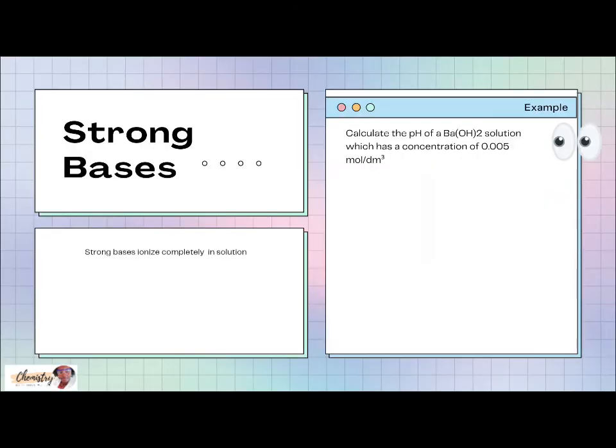A strong base is any base that would ionize completely in a solution. For example, sodium hydroxide is a strong base, and if we place some sodium hydroxide in water, all molecules of sodium hydroxide would separate to form sodium ions and hydroxide ions.